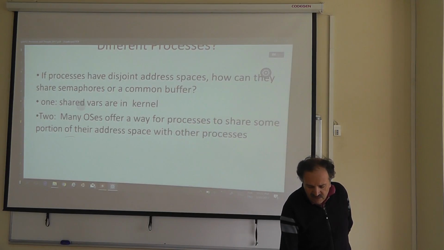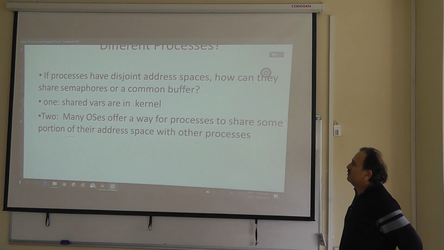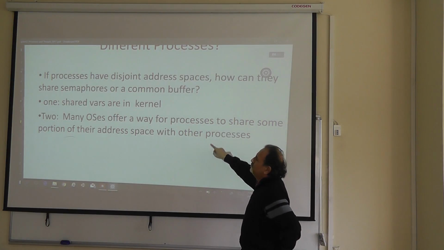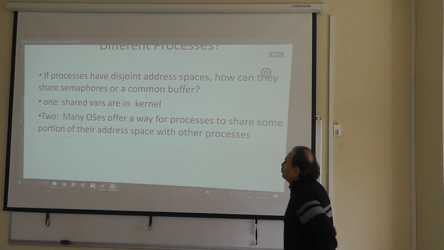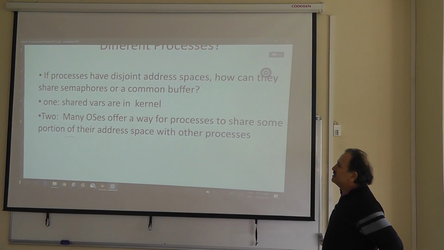One is shared variables are in the kernel. Okay, if you have your shared variables in the kernel, that means that you ask the operating system to modify some value like the up and down mutual semaphores. The second one is the other way of doing things. You ask the operating system to provide a shared memory space for two processes, and this is available.